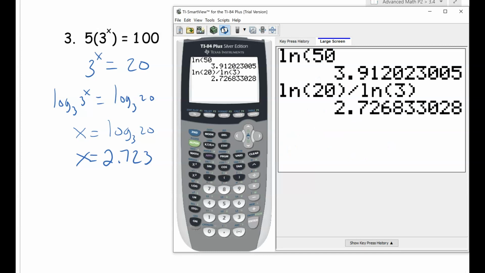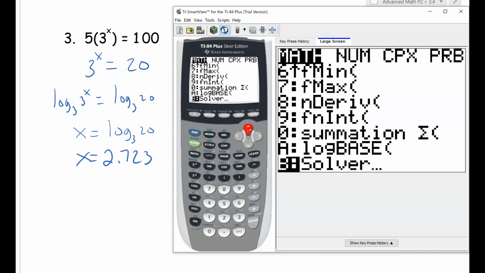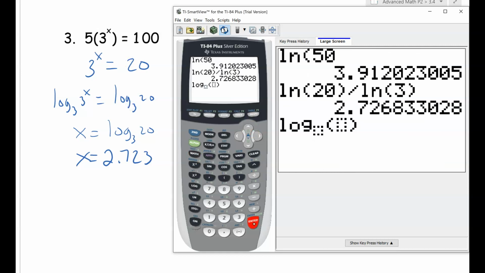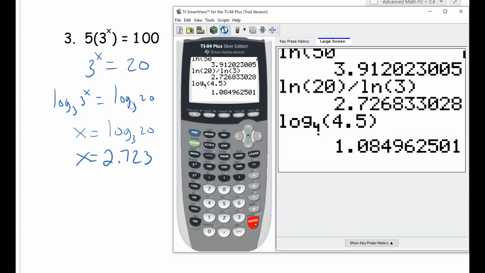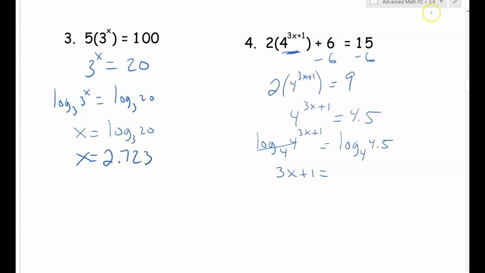All right. Yeah, I think this one, just to change it up, we'll use the log base on the calculator. Make sure I type that in right. Yep. Enter. And enter. 1.085. Okay, so now we have to solve for x.